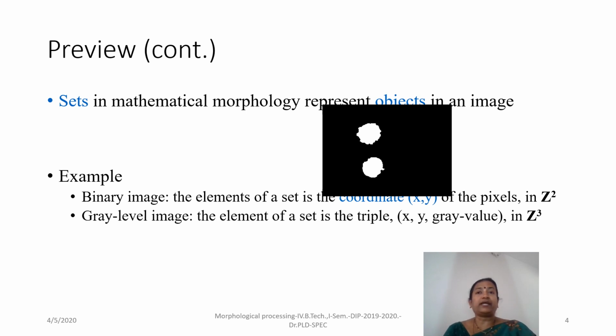In a binary image, the elements of a set are the xy coordinates of the pixels, and we represent the set as Z square. Similarly, in gray level images, the elements of the set are represented with xy and the gray value. The amplitude of that particular pixel coordinate is the gray value, and we can express that in set theory as Z cube.